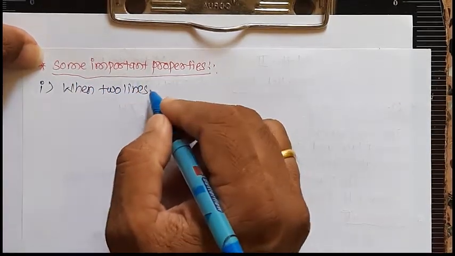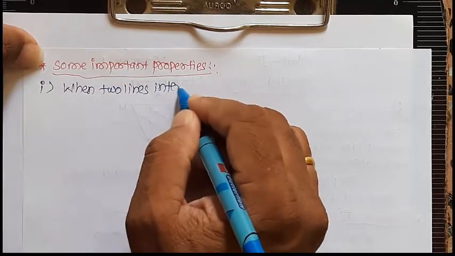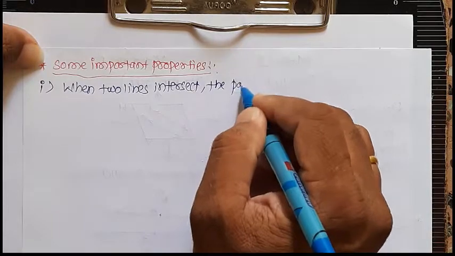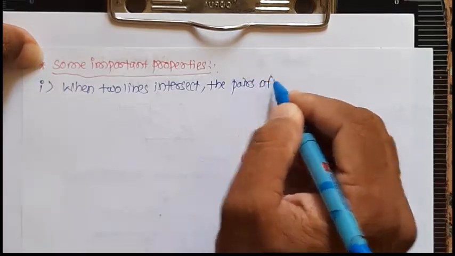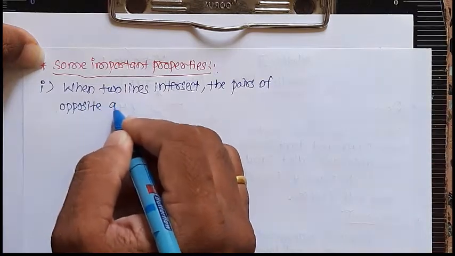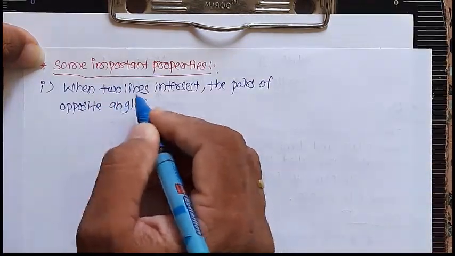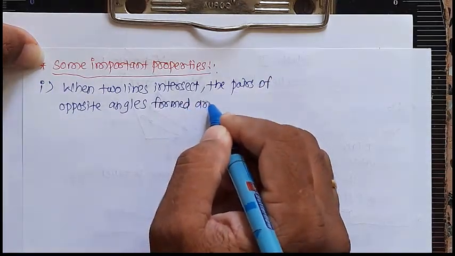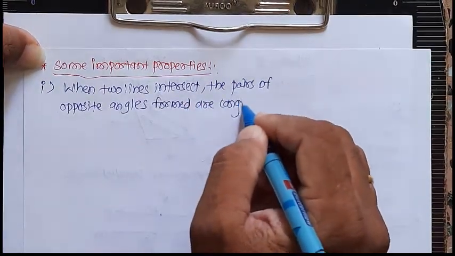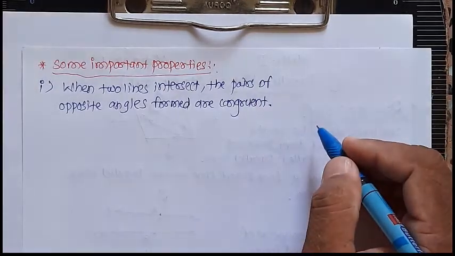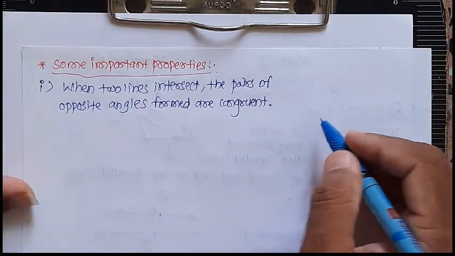When two lines intersect, the pairs of opposite angles formed are congruent. So this is the first important property.